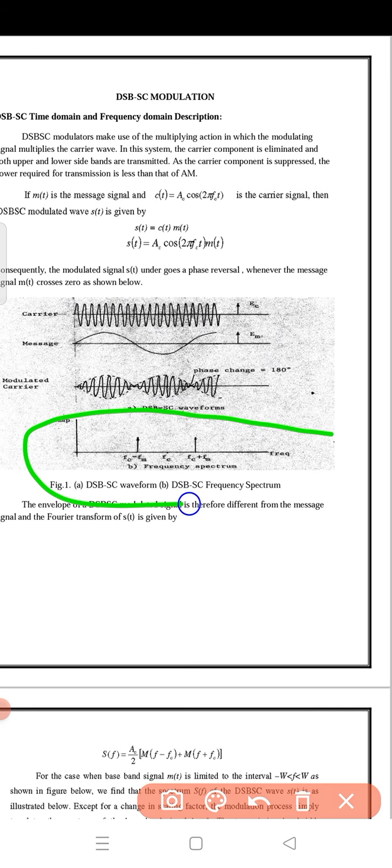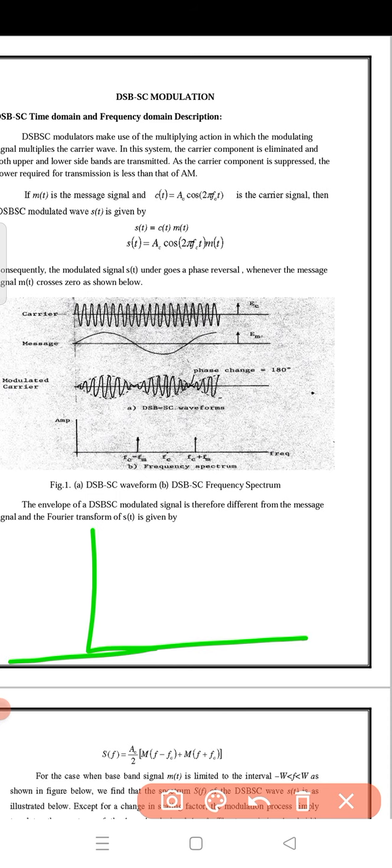This is the spectral diagram of the DSBSC waveform. In case of an AM wave, we have the LSB, USB and carrier power. But in case of DSBSC, we suppressed the carrier, fc. So fc has zero amplitude.